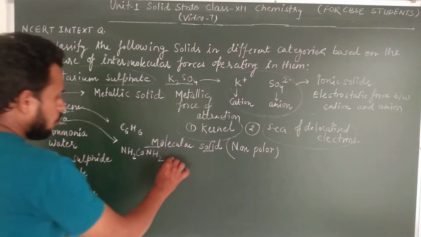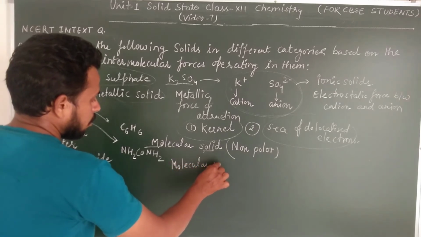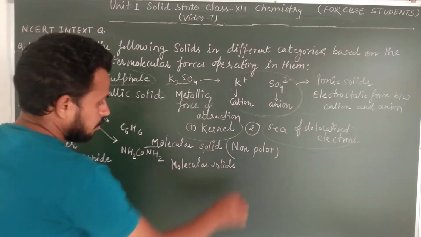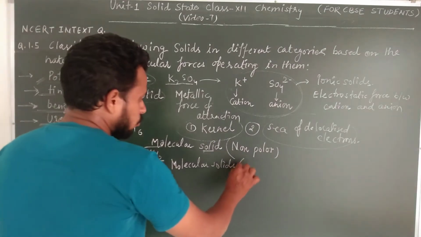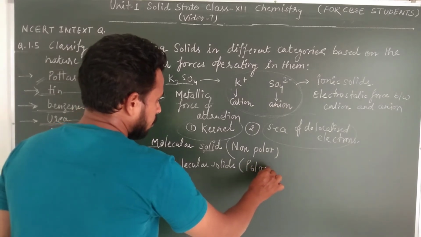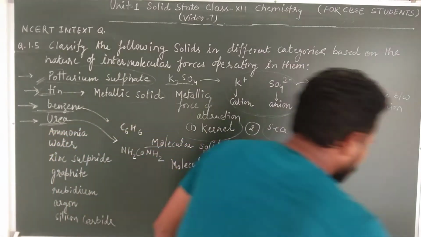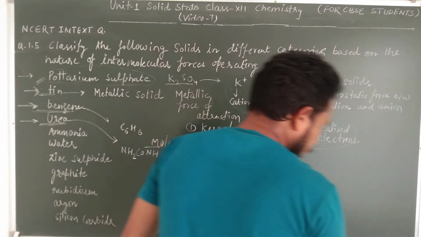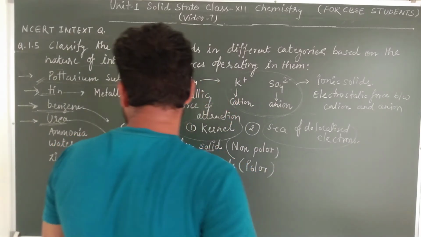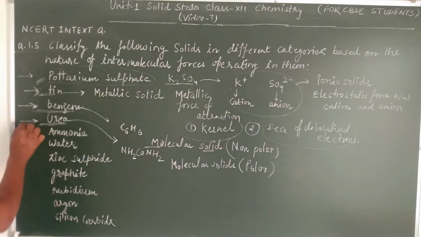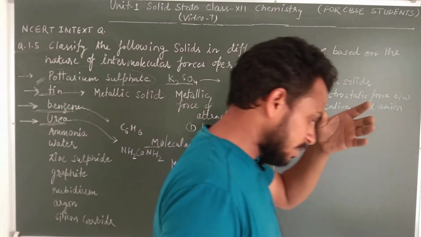So urea is a molecular solid. But urea is a polar solid, polar molecular solid. Urea is a polar solid, polar molecular solid.